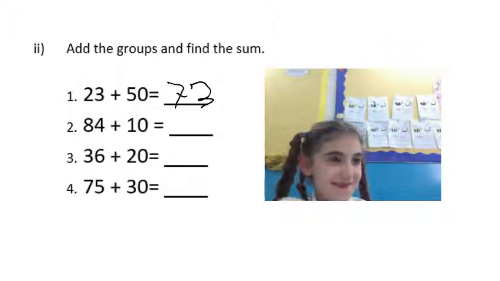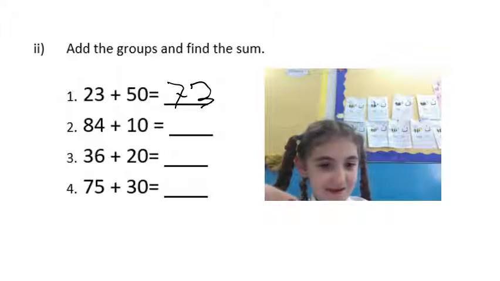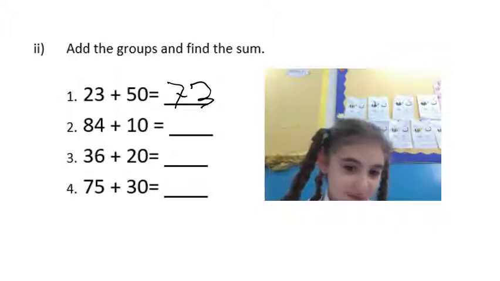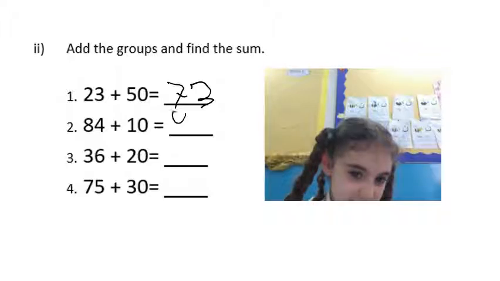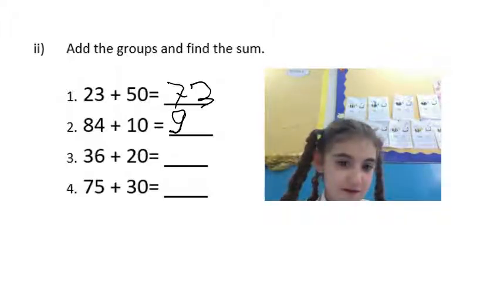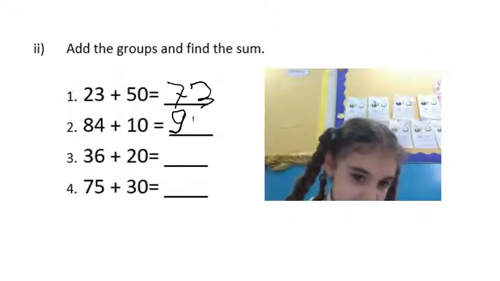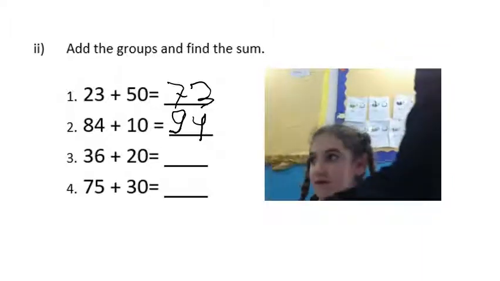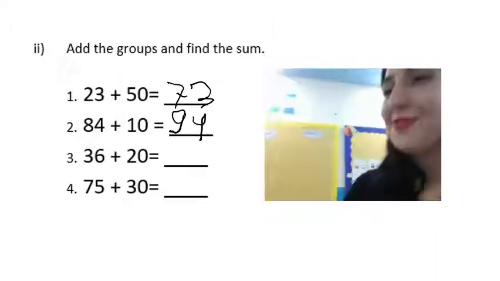No, 8 plus 1 is what? 8 plus 1 is 9, right? So go ahead and write 9. And in my ones place, I have a 4, so I just bring it over to the side because it's plus 0. So go ahead and write 4. Good job.